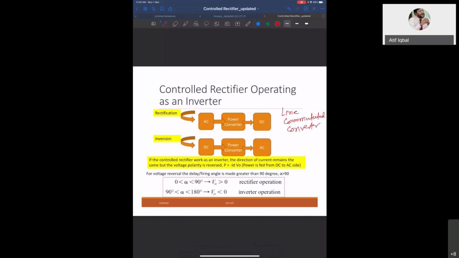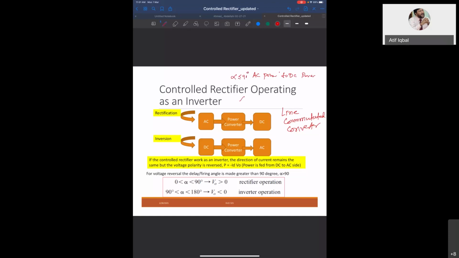So what happens is that when you operate the converter as a rectifier, it converts AC power to DC power, and the delay angle should be less than or equal to 90 degrees for this.